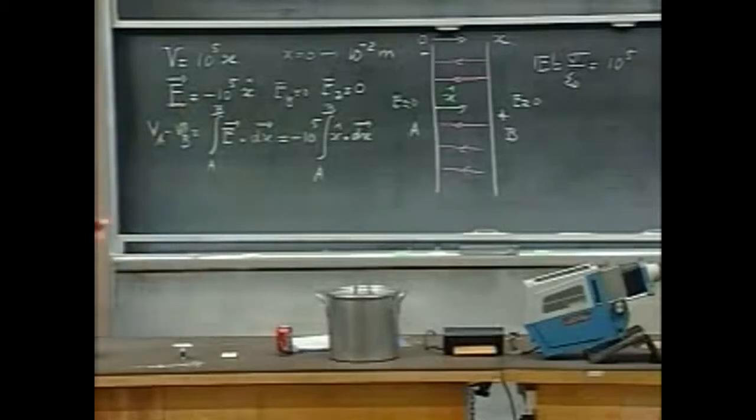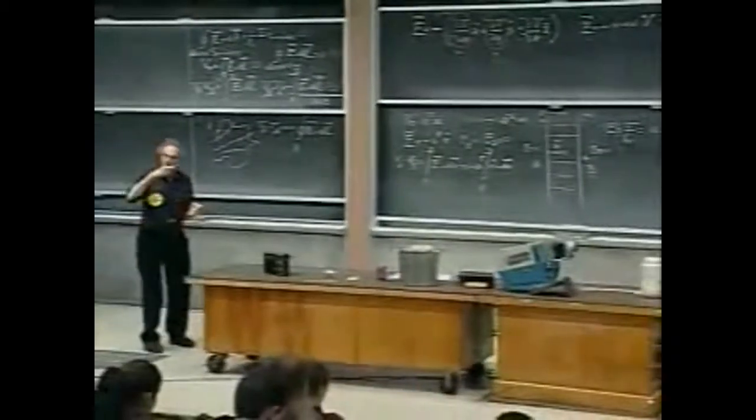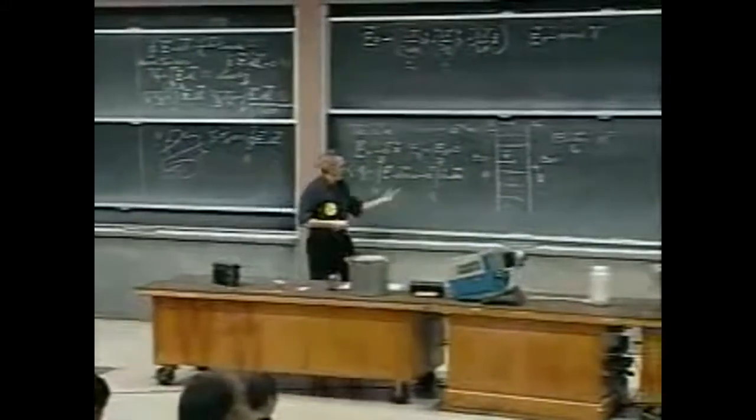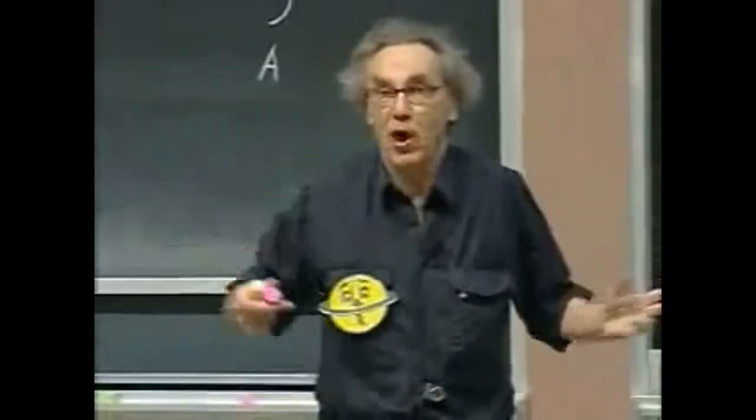Looks scary, but it is trivial. The x roof is the unit vector in this direction. And dx is a little vector dx in this direction. So they're both in the same direction. So the cosine of the angle between the two is 1. So I can forget about vectors, I can forget about the dot.